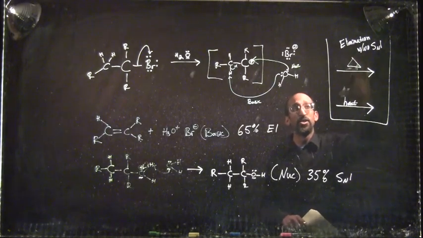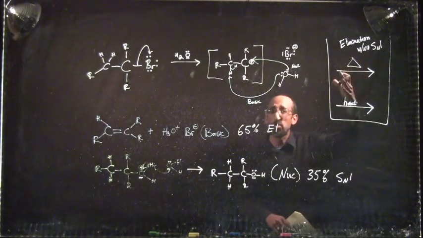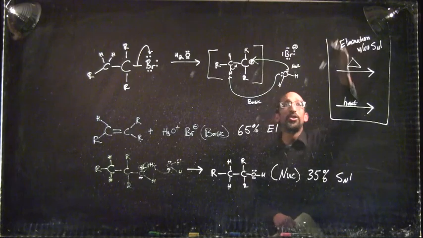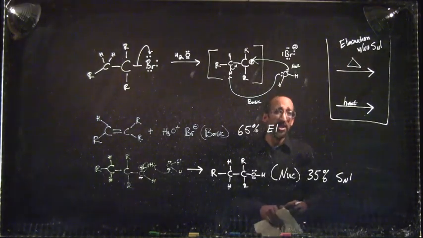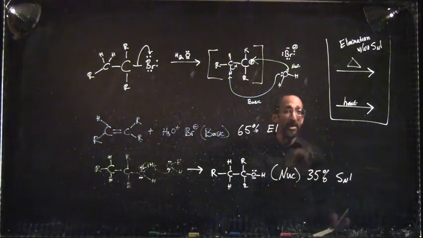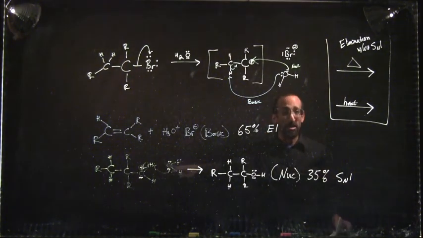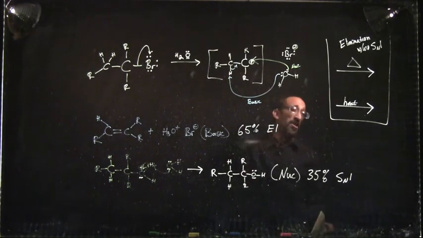So these two things mean the same thing. It means we're heating this reaction, and that always should clue you in that elimination is going to happen without any SN1 that you really need to worry about. But even if you see heat, alkyl bromides still give you enough SN1 that you have to care. This is why alkyl bromides are terrible for E1 reactions.